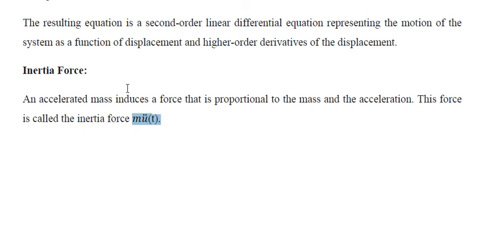This force is called the inertia force, which is an internal force induced due to the applied external force. The first expression of the force is called the inertia force. This is proportional to mass into acceleration.